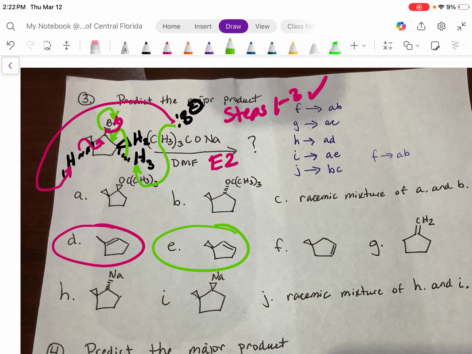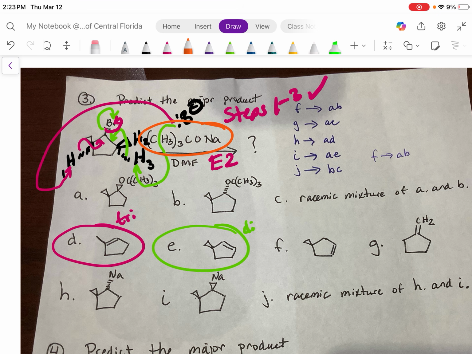Now, some might argue that answer D would be the major product because it's the most thermodynamic product, because that is a tri-substituted species, which is accurate. The green one is a di-substituted alkene. From a thermodynamic perspective, you're right that the red, or answer D, would be more thermodynamically stable. However, when you consider the base, it is a sterically hindered base.